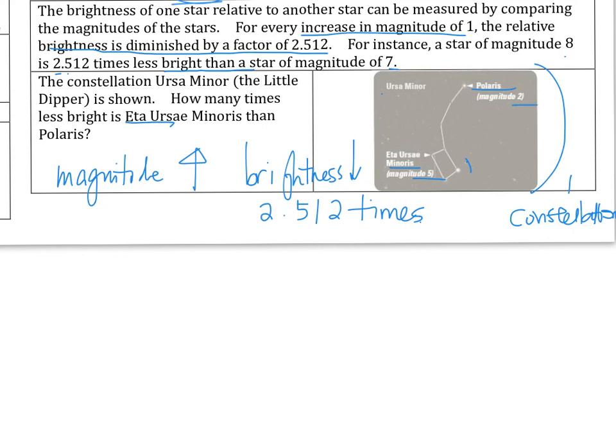So I can take 5 and subtract 2 to get 3.